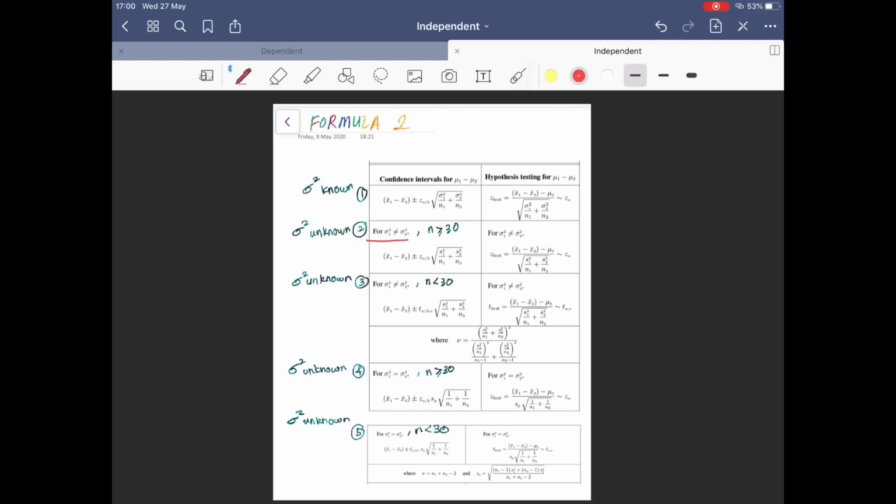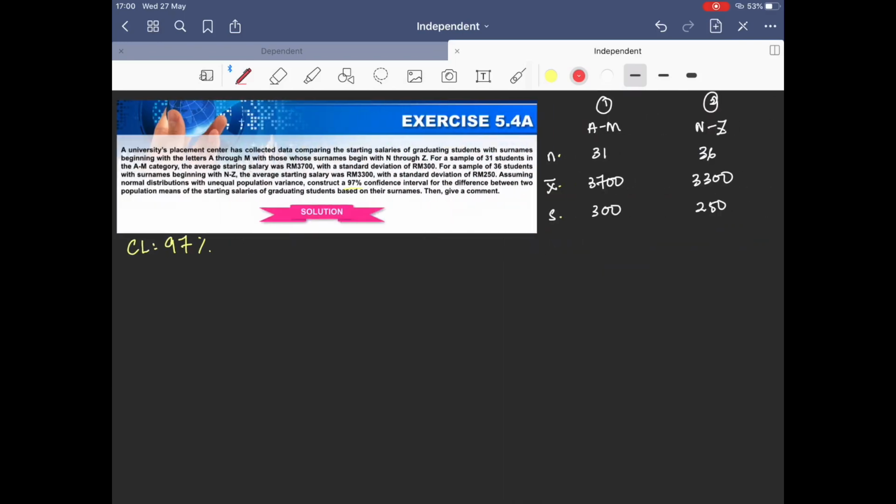Sigma 1 not equal to sigma 2. Sigma 1 not equal to sigma 2. Sigma 1 equals sigma 2. Sigma 1 equals sigma 2. So which line gives you this information? Look back at the question. So this line, unequal population variance, means that sigma 1 square not equal to sigma 2 square.